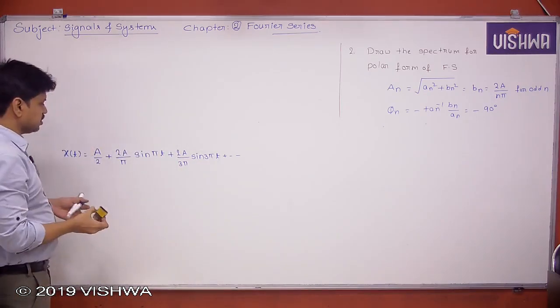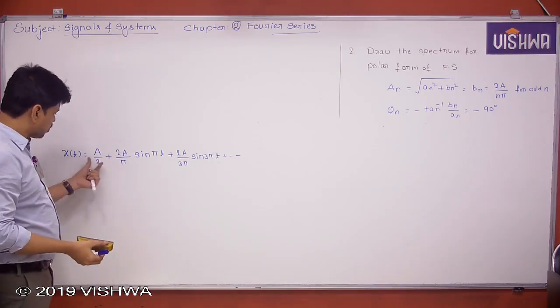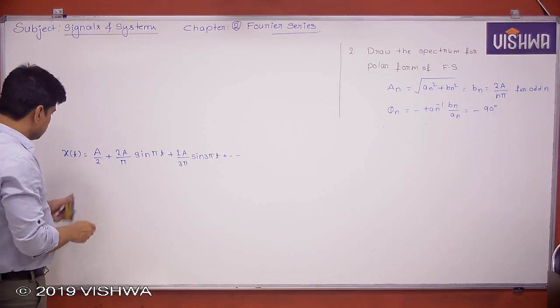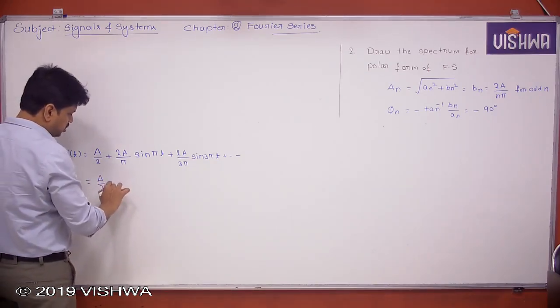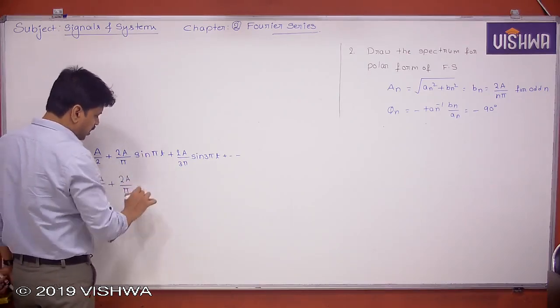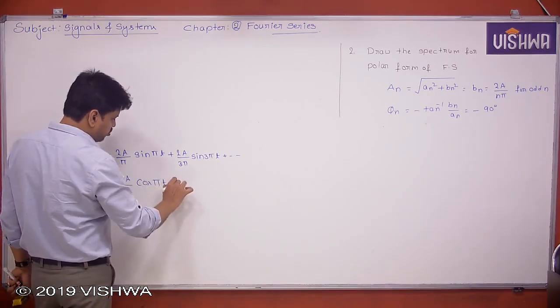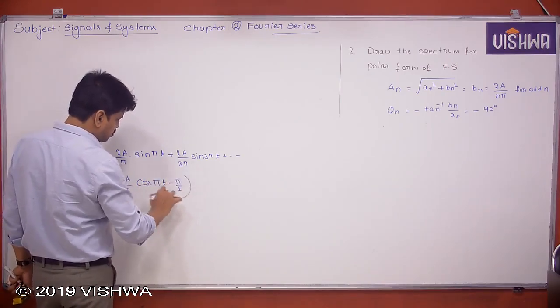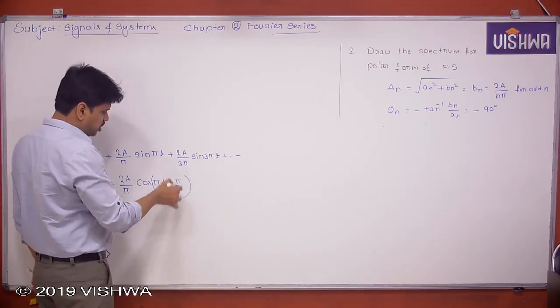Otherwise, without calculating phi n, we can say the same thing from here also. How? This can be written as a by 2 plus 2a by pi. Can you convert this into cos? Yes, cos of pi t minus pi by 2. Suppose it is cos of theta minus pi by 2, then it is going to be sin theta.